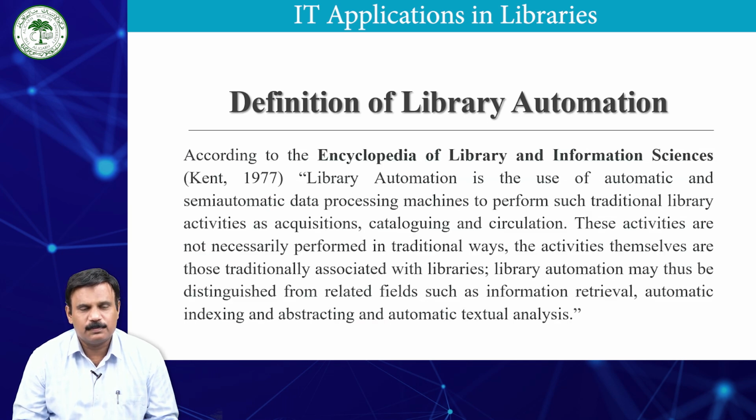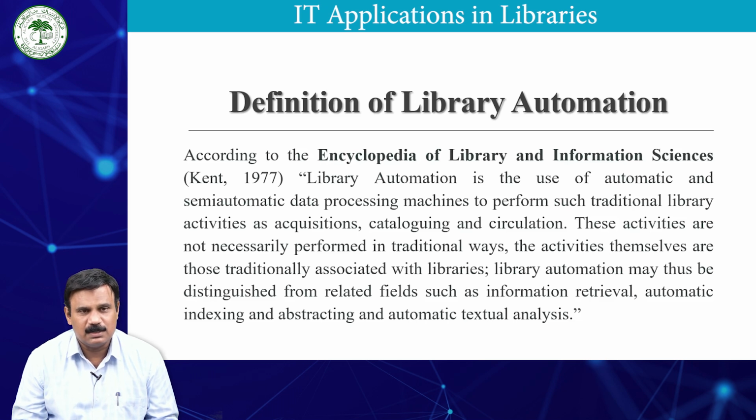We will find library automation defined by the Encyclopedia of Library and Information Sciences. The library automation is the use of automatic and semi-automatic data processing machines to perform such traditional library activities as acquisitions, cataloging, and circulation.